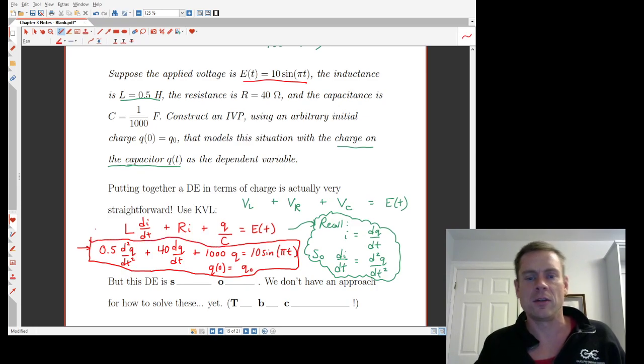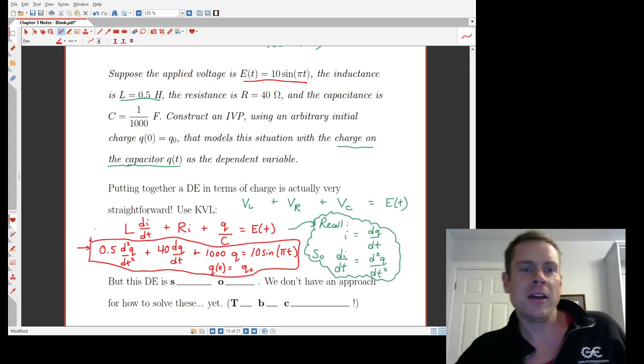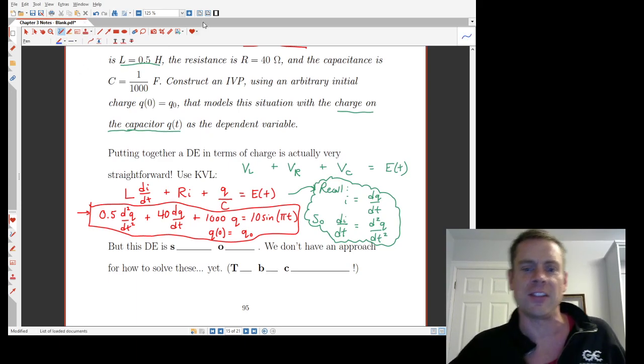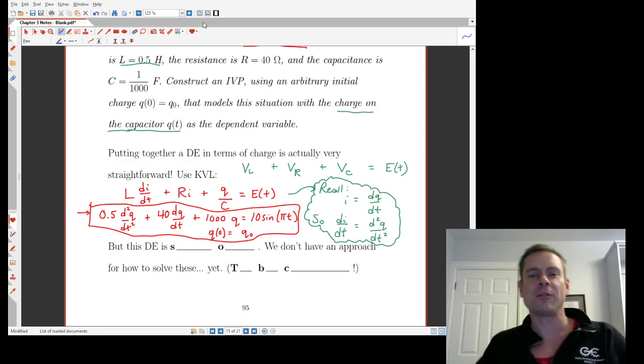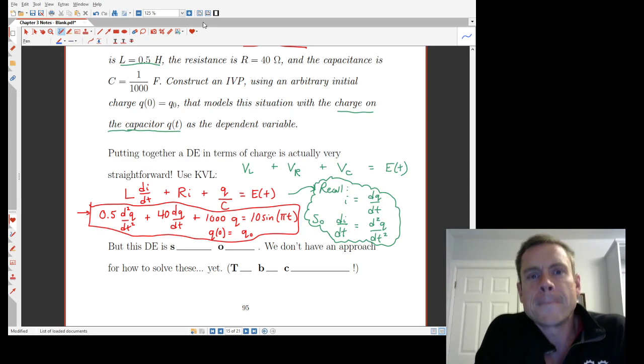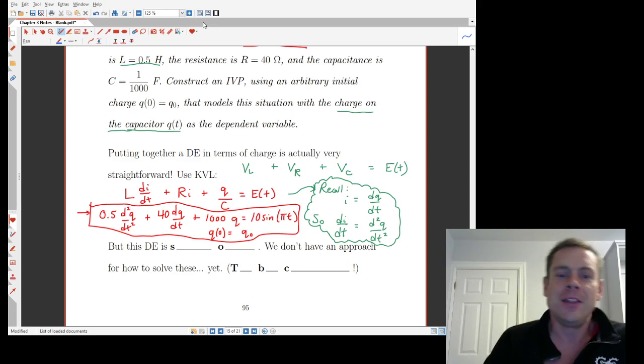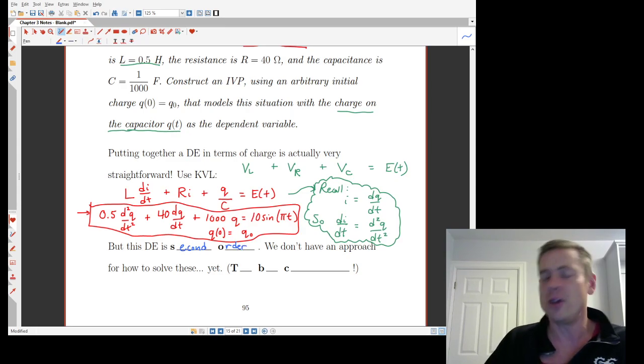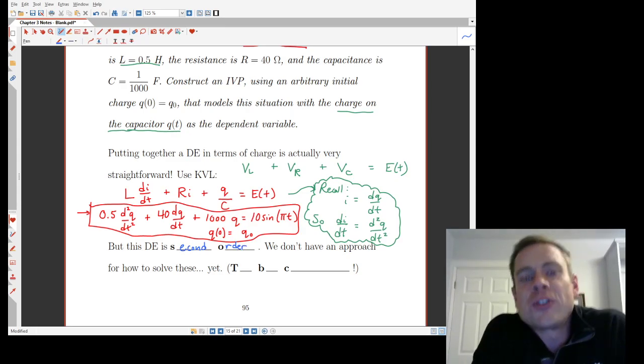All right, you think about it for a second and say, gosh, we should try solving this thing. And then you suddenly run into something. There's a q, and there's a derivative of q, but there's also a second derivative of q. This differential equation is second order, and we don't have a general approach for these yet.